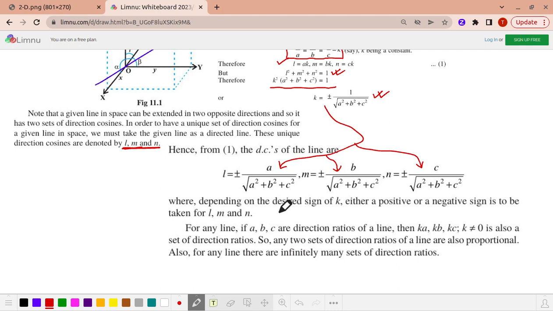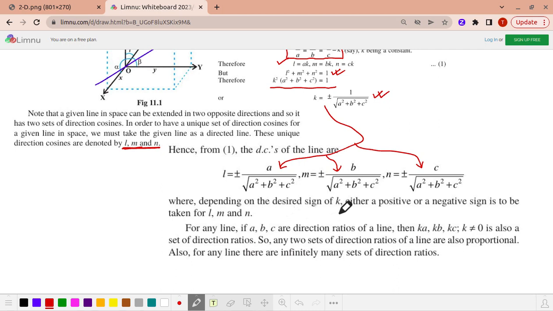Now you see it is plus minus. So here we need to take either the plus together or the minus together. We must not mix the plus and minus. That means if you take L as plus, then M and N have to be taken as plus. If you take L as minus, then M and N have to be taken as minus.